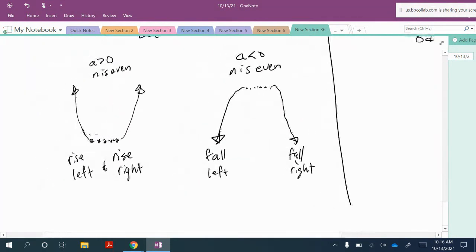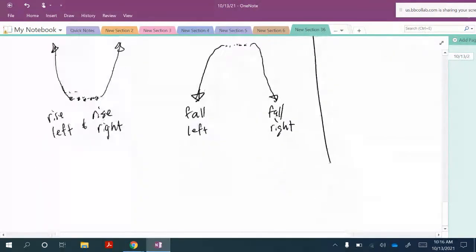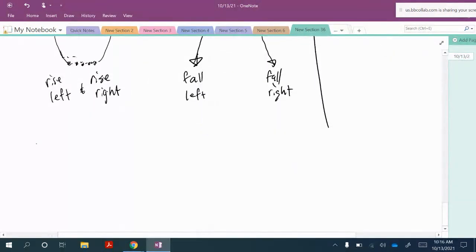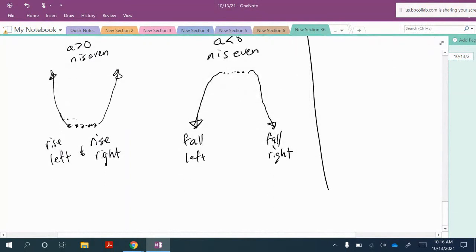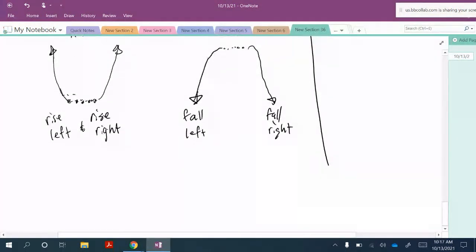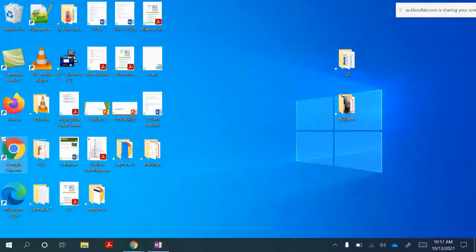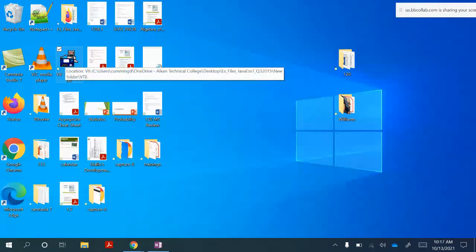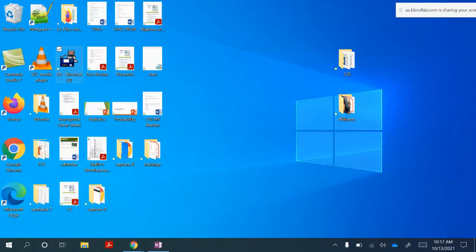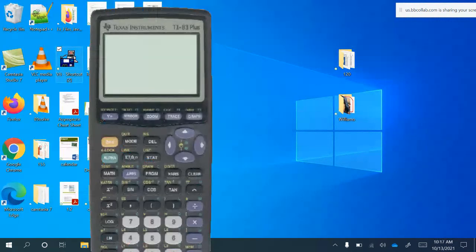So let's take a look at some examples. We'll take a look at this first example where we have a is greater than 0 and n is even. Here will be some examples. y is equal to x squared. I'm going to bring up the calculator for a second. We're actually going to graph these as we go through.